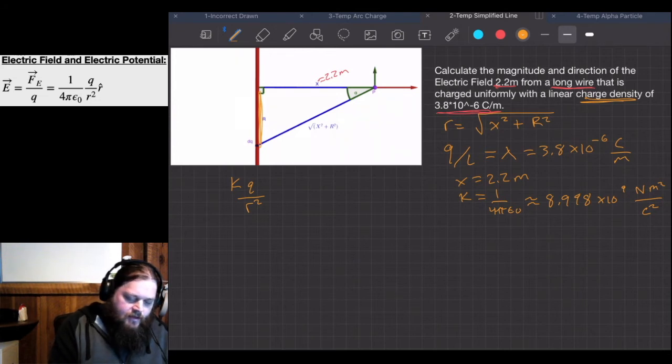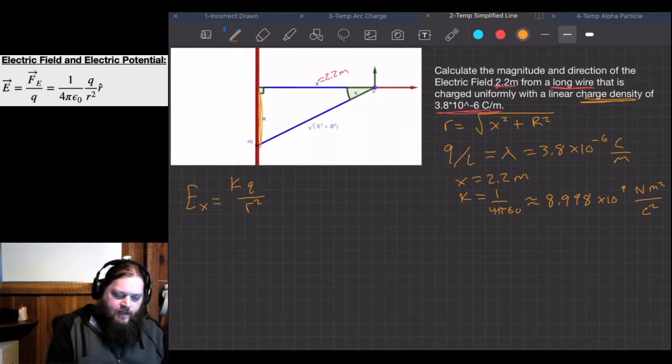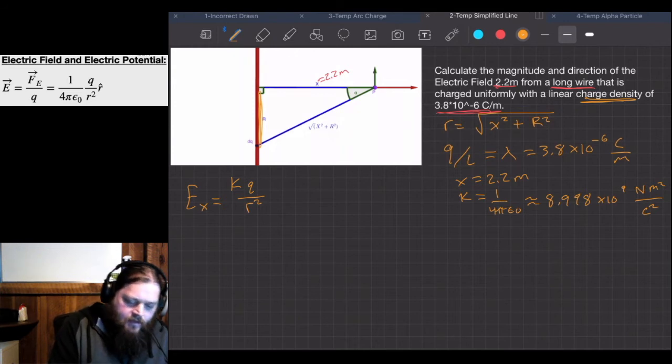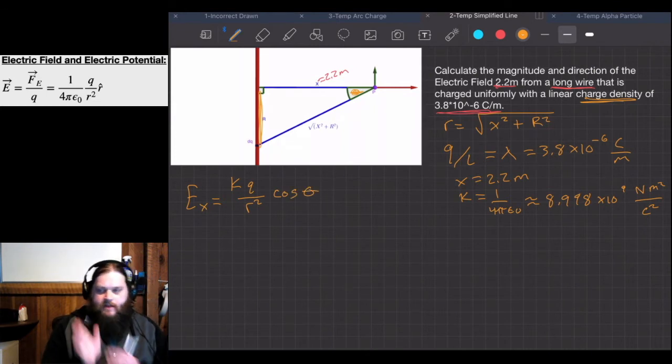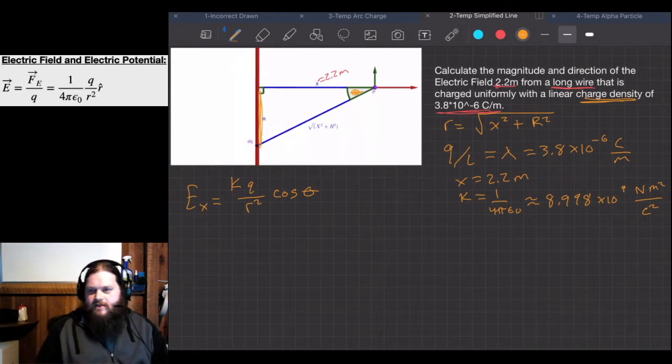Good. Okay, I know that the electric field in the x direction is going to equal this value we have times cosine theta. And it's cosine because we're looking at the vector going adjacent to that angle that's there.